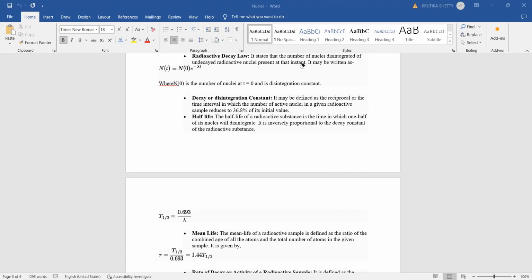Suppose you have 10 atoms; half of that is 5. The time it takes to become that much is called the half life.